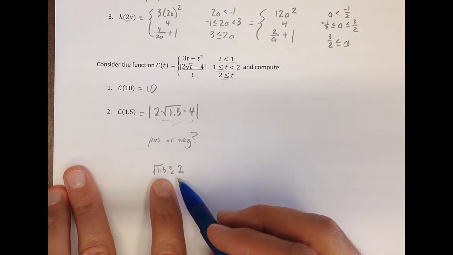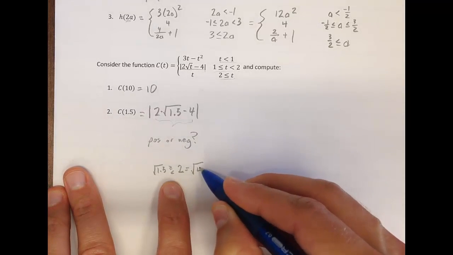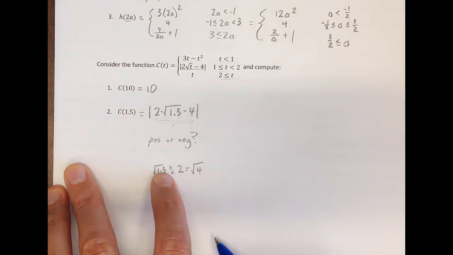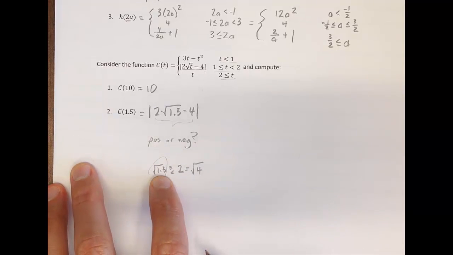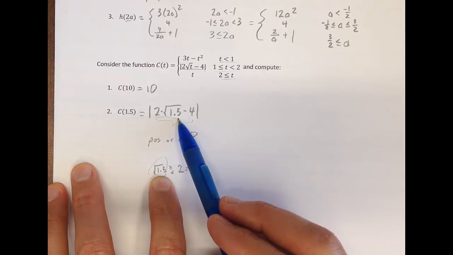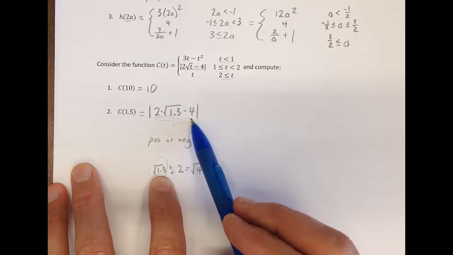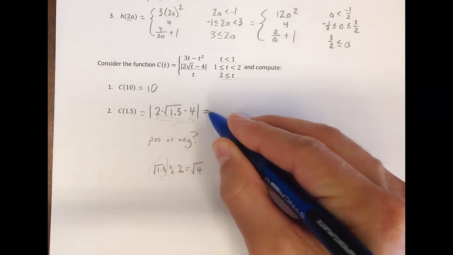Now I happen to know that 2 is equal to the square root of 4. So this clearly is less than the square root of 4. So if this is less than 2, this value is going to be smaller in magnitude than that value. That means this thing inside is negative. What's that mean?